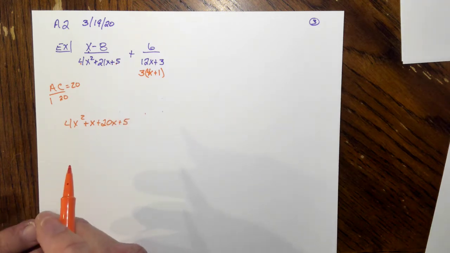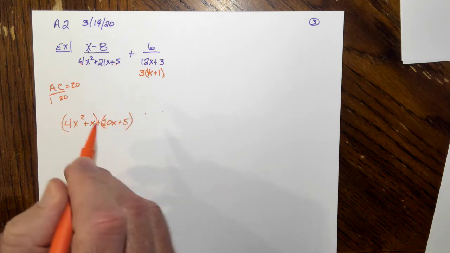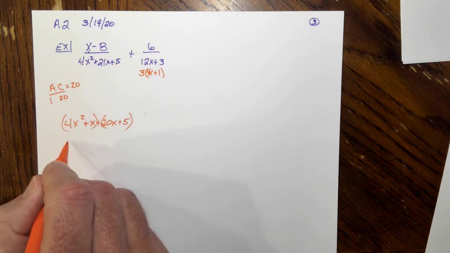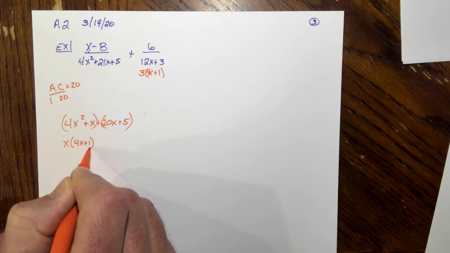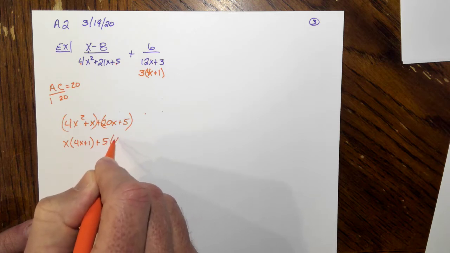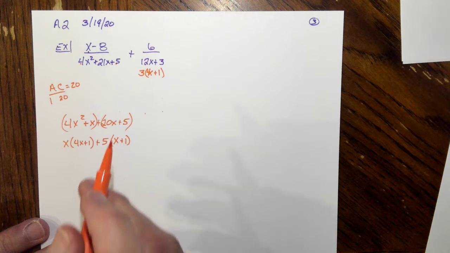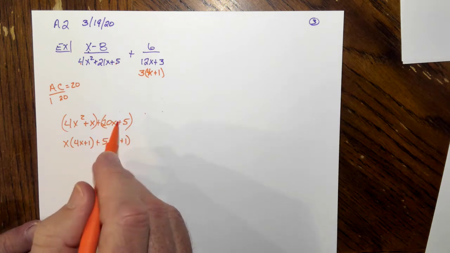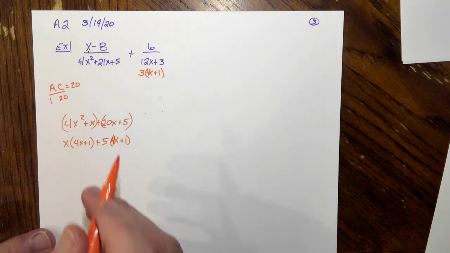I don't know, it just hit me. Factor out an x, leaves us 4x plus 1, factor out a 5, leaves us x plus 1. Man, starting to get mistakes here, be careful.